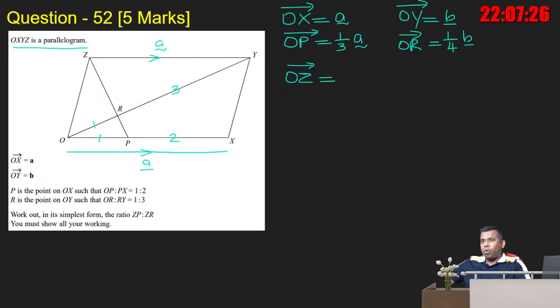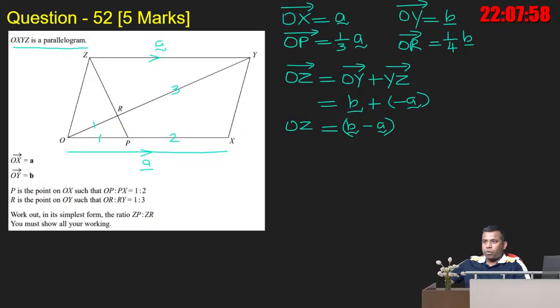O to Z equals O to Y plus Y to C. O to Y is B, plus Y to C is minus A. O to X is A, so Y to C is opposite A, so that is B minus A. So O to C is B minus A. Now we have almost everything, and I think we can go to the question now.